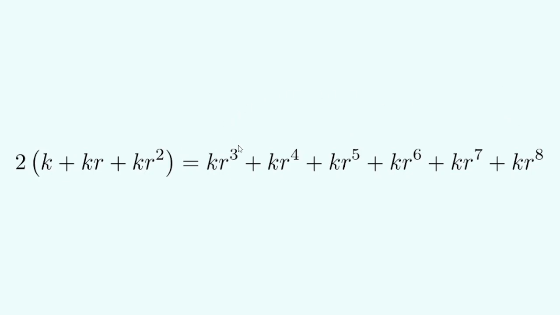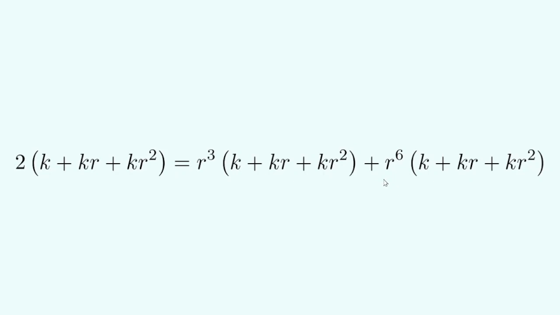If you take out a factor of r cubed from these first 3 terms, and a factor of r to the 6 from these next 3 terms, you'll get this. And now it's quite obvious that we have k plus kr squared here, and here, and here.